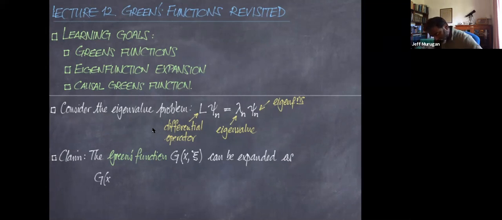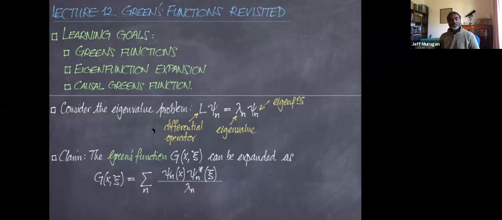G of x, xi is the sum over n of psi n of x psi n complex conjugate of xi over lambda n, provided that none of the eigenvalues of L vanish.